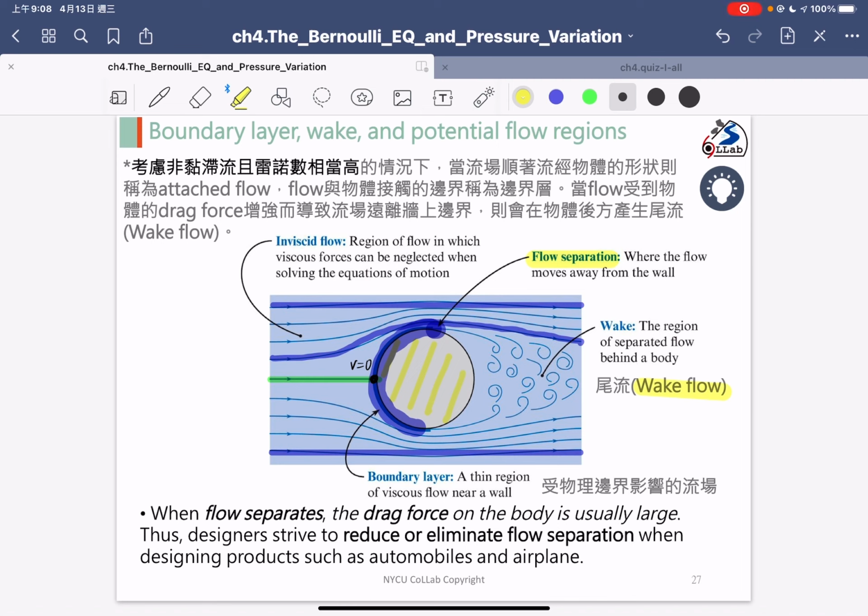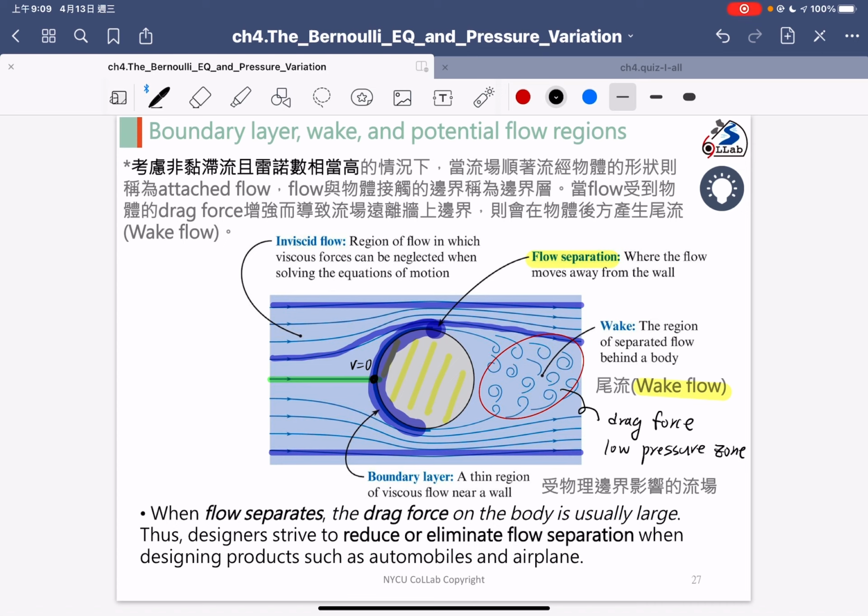The flow in here, we call the wake flow. Okay? And the wake flow inside here, the region in here, will induce very large drag force. So in here, we will have the very large drag force. And in that region, we call it the low pressure zone.